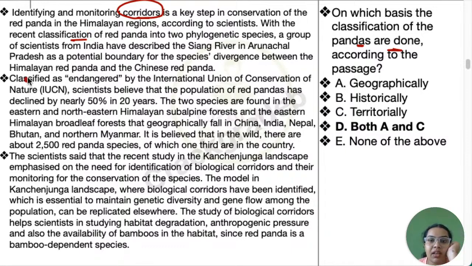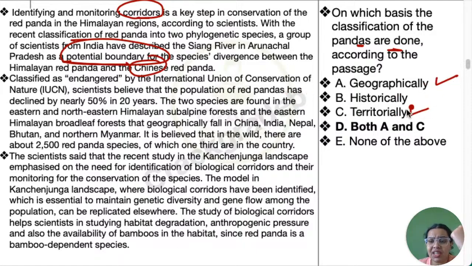Okay, we have Himalayan red panda and Chinese, and this is based on a potential boundary. Okay, then you get to see about their population and all.